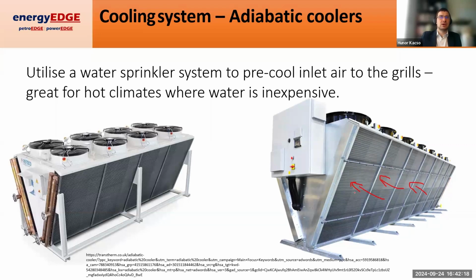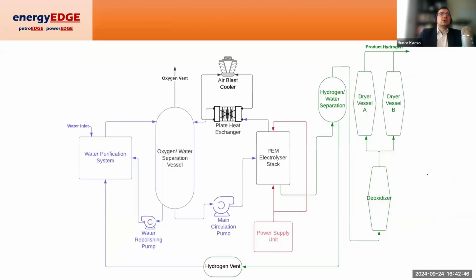So, for example, if the outside air temperature is like 38 degrees Celsius, your wet bulb temperature is only going to be about 23, 24 degrees Celsius. Therefore, you're able to pre-cool the air to approximately 23, 24 degrees Celsius just by this sprinkler system. And of course, we saw the air blast cooling plate heat exchanger over here, just for context.